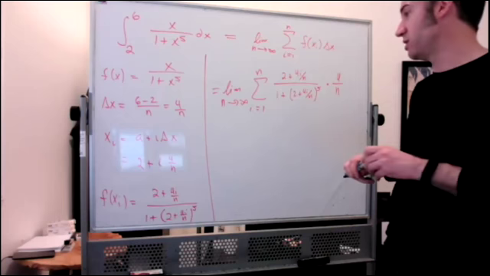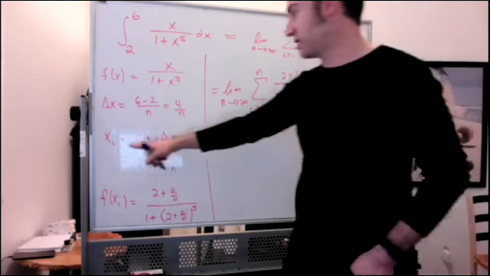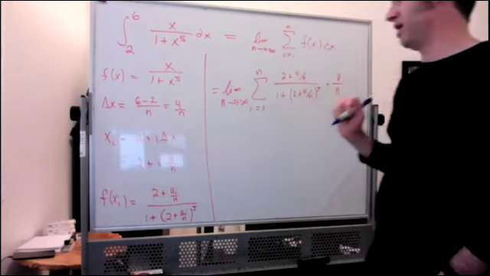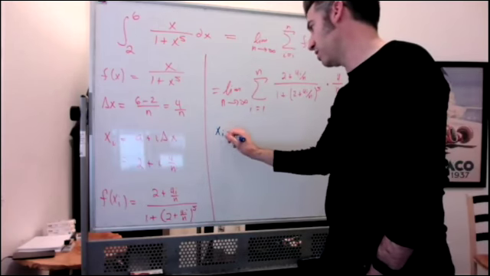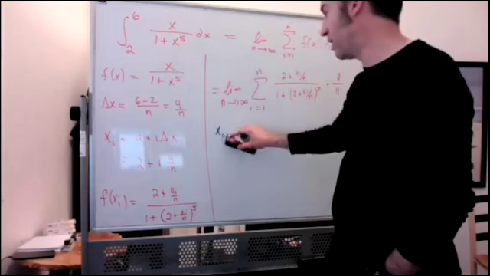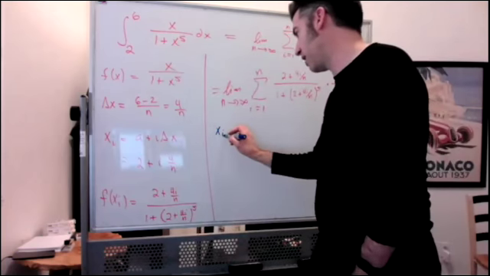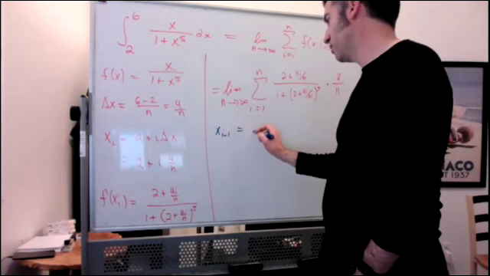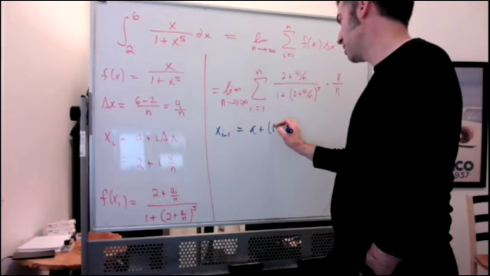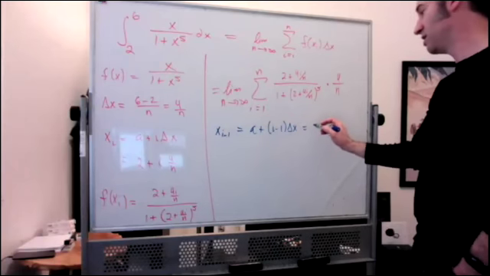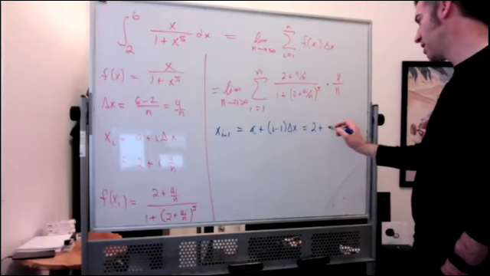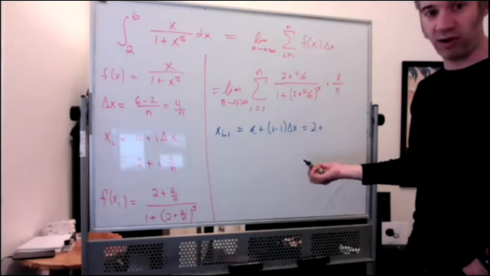Instead of x sub i being a plus i times delta x, I'm going to use x sub i minus 1. x sub i is the right endpoint. x sub i minus 1 is the left endpoint, which is a plus i minus 1 times delta x, which is 2 plus i minus 1 times 4 over n.